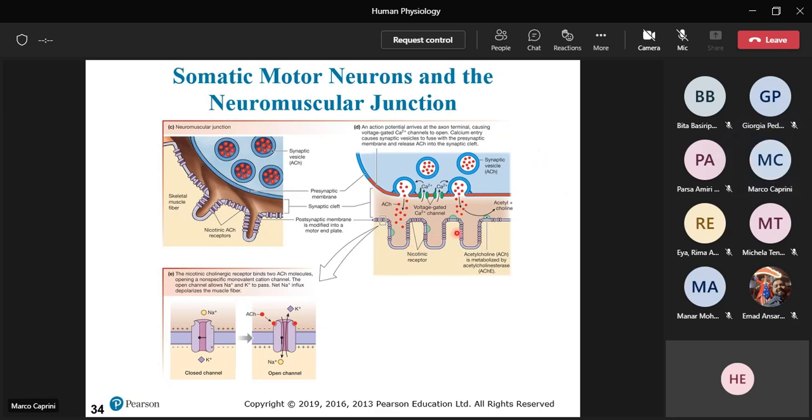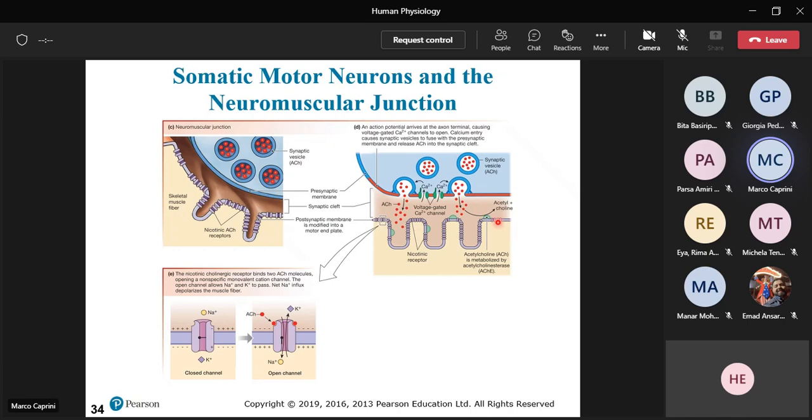Here, what is the information that we have right now? We just know that there is also here an enzyme. We already described this enzyme, the acetylcholinesterase.